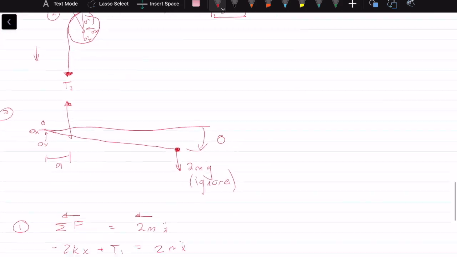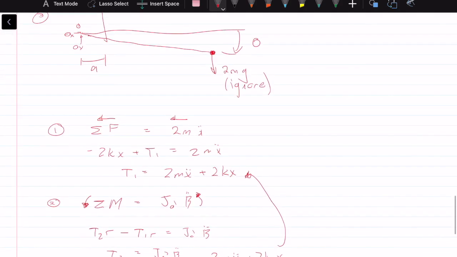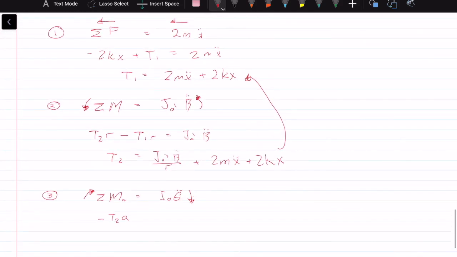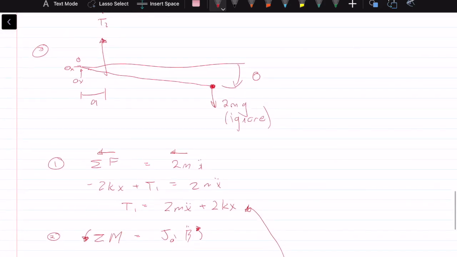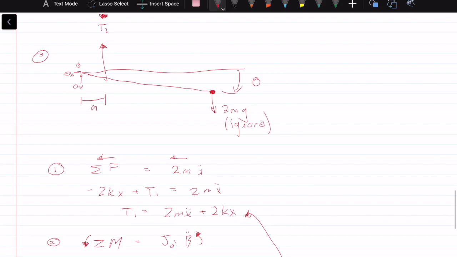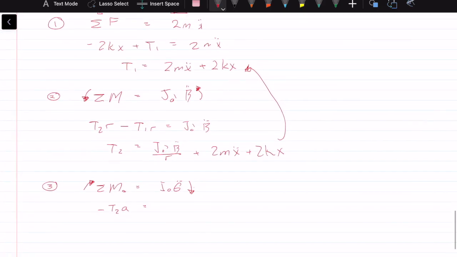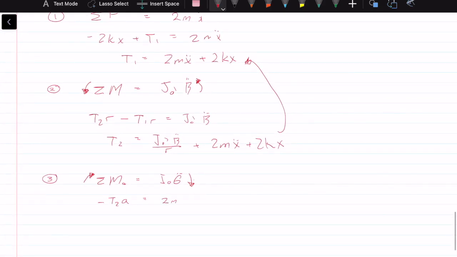Remember we're going to ignore this mass. IO is just the point mass at the end, so it's 2m a squared theta double dot.